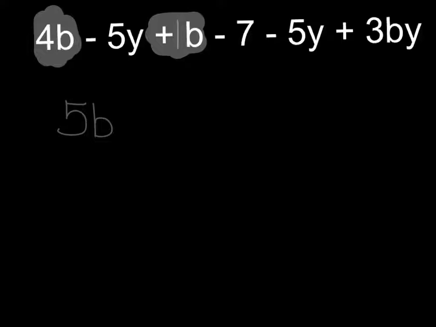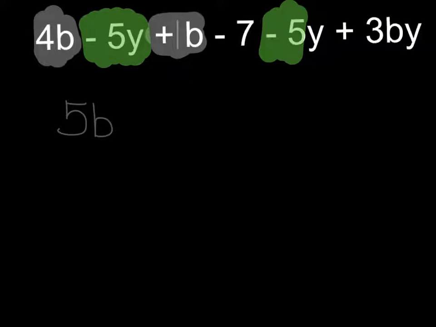And then we're going to go and highlight any other ones that have a y, because this term has a y variable. So where are our y variables? Right here. So we're going to highlight that whole term, including the sign, and that's all we have.